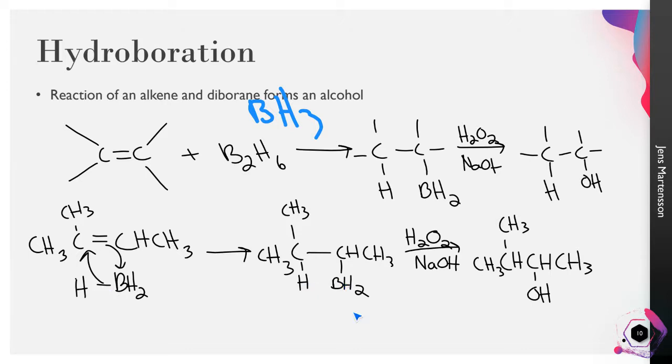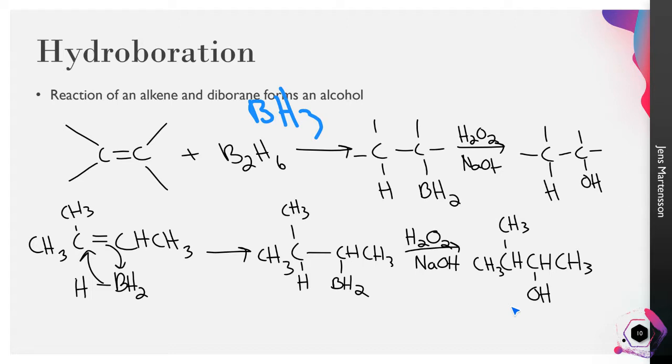Again, we don't want this BH2 here, so we're going to oxidize with hydrogen peroxide in a base, which will form our alcohol.